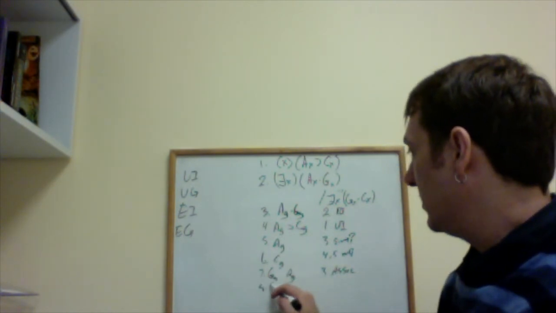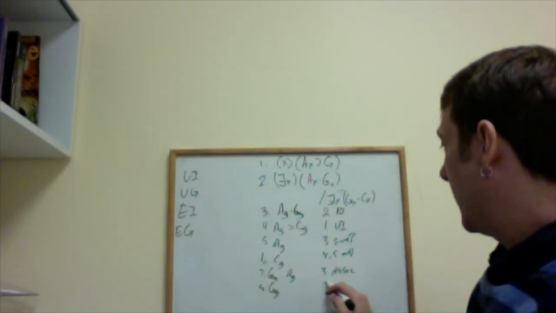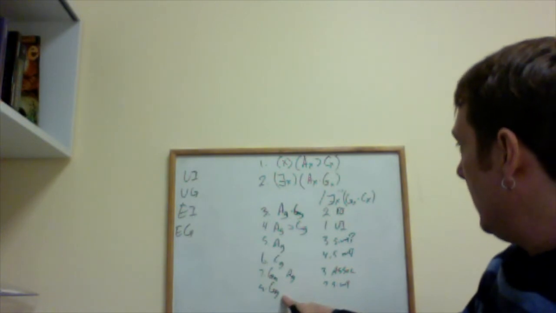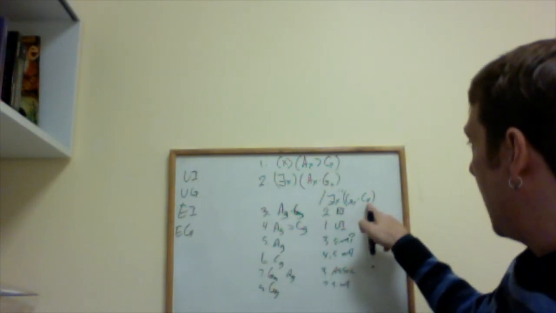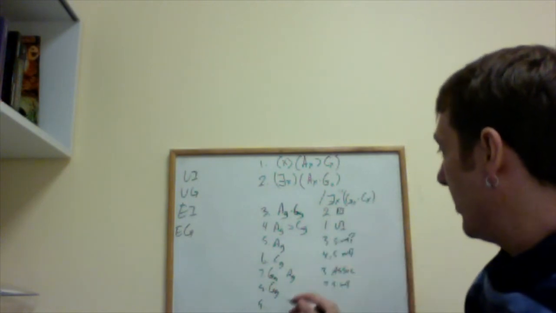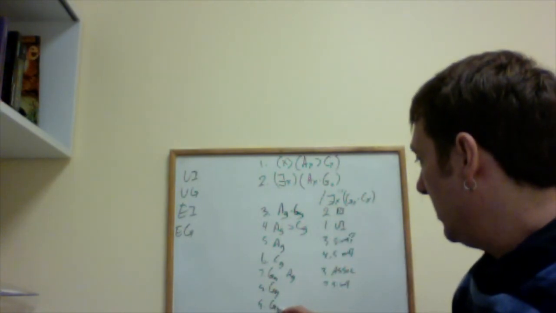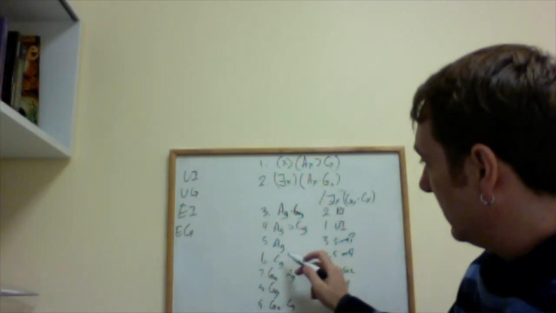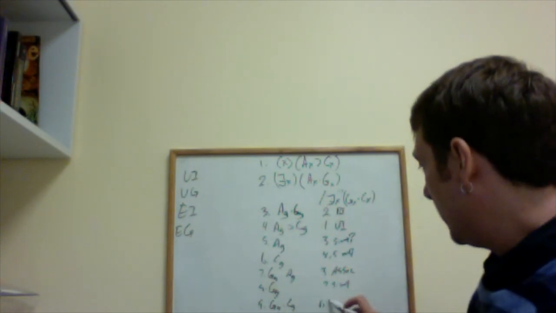Simplify line 8, G from line 7 by simplification. Now we have GG and we have CG, so there's that. And we can then write line 9, conjoin those but put them in the right way: GG dot CG, from lines 6 and 8 by conjunction.